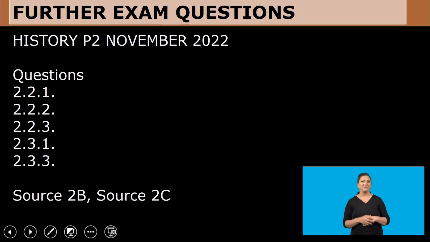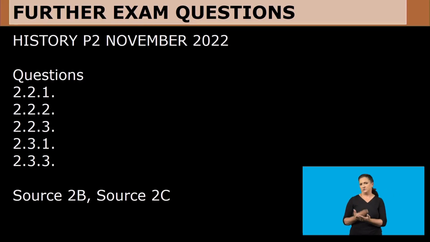Now, as a bonus, I've given you further exam questions that you can use to practice all these skills that we've looked at today, so that now in your own time, on your own, you are able to practice and revise for exams.